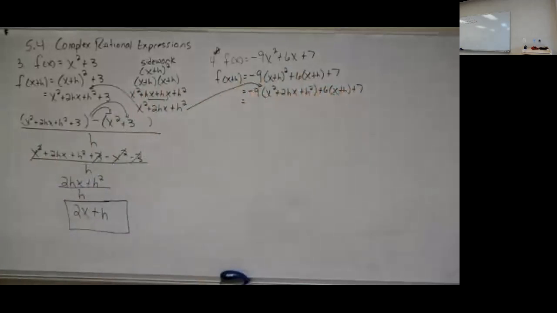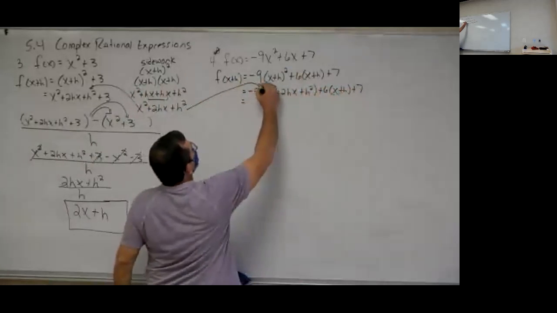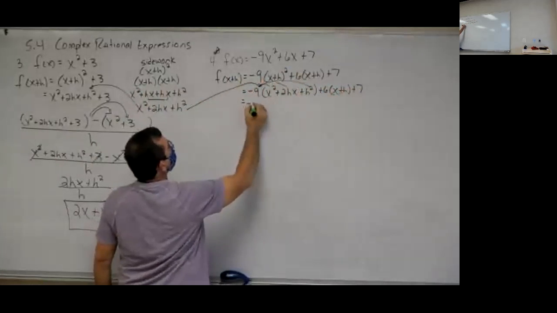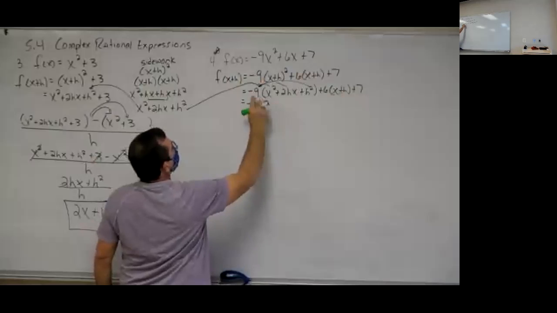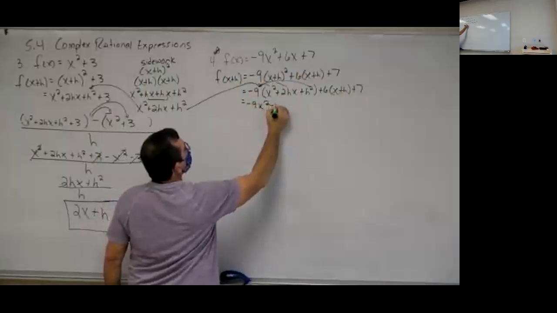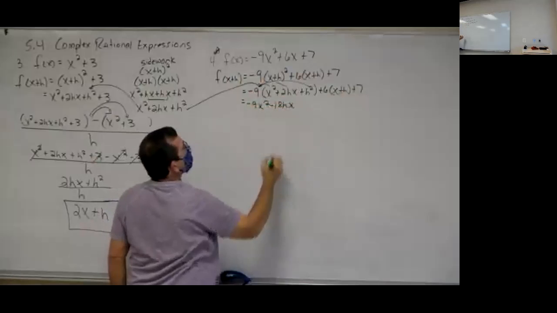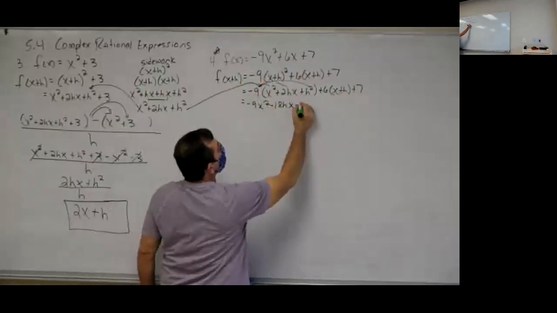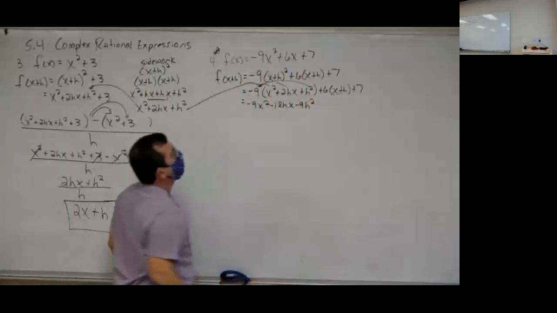So now you can go further because you can multiply that negative 9 through the first parentheses and the 6 through the second parentheses. So I'm going to distribute the negative 9. So it gives me a negative 9x squared. Negative 9 times 2 is a negative 18hx. Negative 9 times h squared is a negative 9h squared.